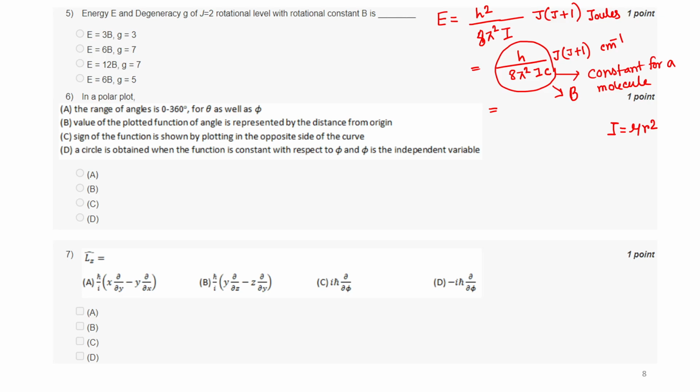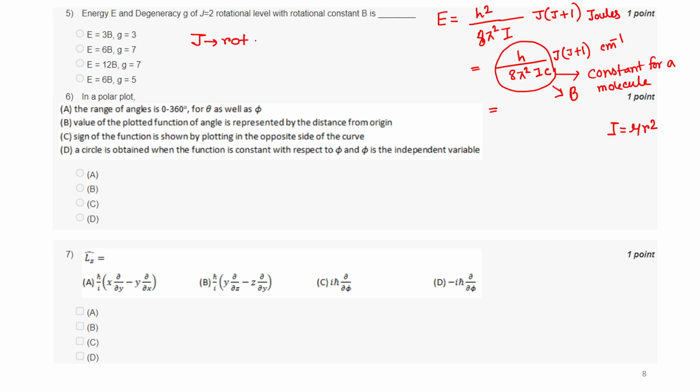One more thing, what Sir has already discussed about the rotational energies individually, that is what the gap is going to be, right? So here J is the rotational quantum number. Sorry, J is the rotational quantum number.